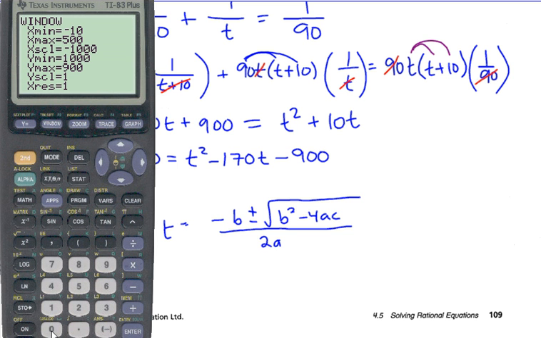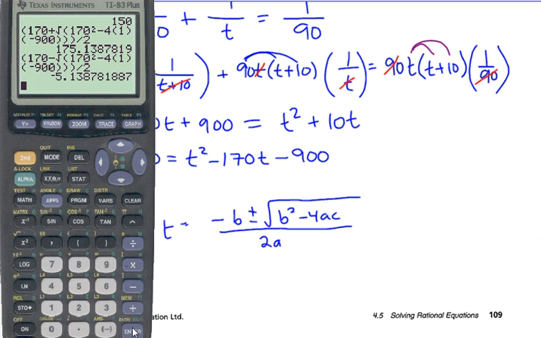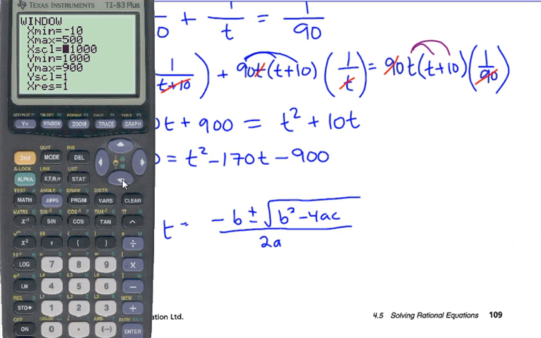We're just trying it out and seeing how that works. I'm using big numbers because my y-intercept is negative 900.